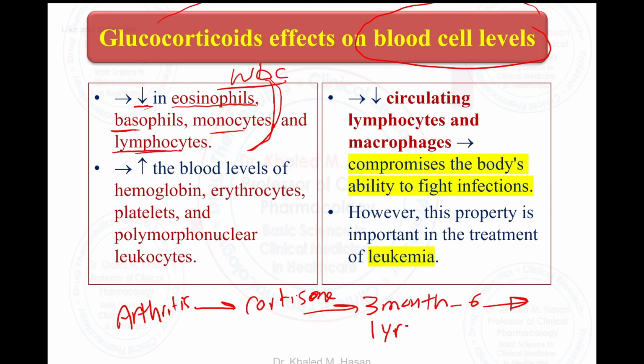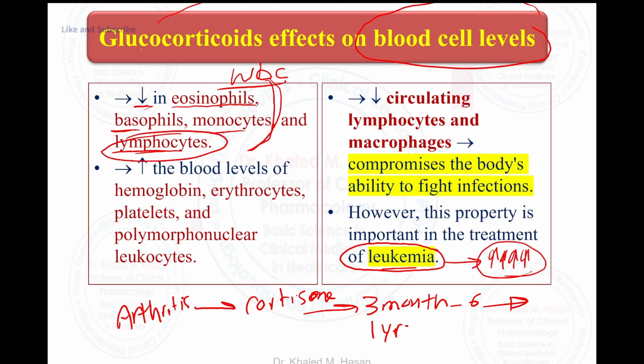Okay. Here I would like to mention something. Patients with leukemia, lymphocytic leukemia, have a high level of lymphocytes, for example. For this reason we can use cortisone to treat leukemia, because the lymphocyte count will be high in this patient. Our medication, glucocorticoid, decreases the level of lymphocytes.